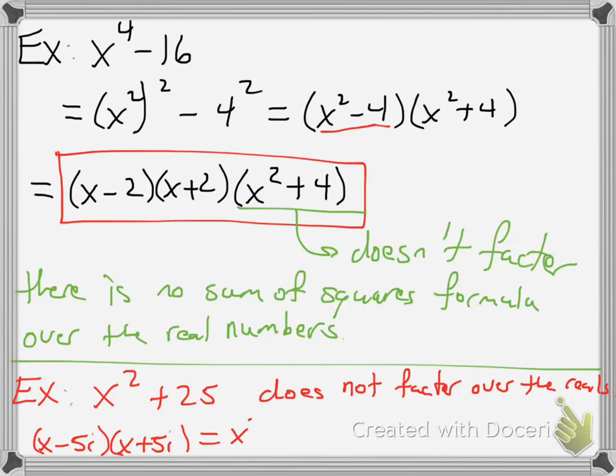That's going to equal x squared minus 5ix plus 5ix minus 25i squared. So that's FOILing it out. Notice that the 5ix's are going to cancel. You got a negative sign here, and you got an i squared here. So i squared is negative 1, and that negative 1 is going to get rid of this negative here, so you're going to be left with x squared plus 25.